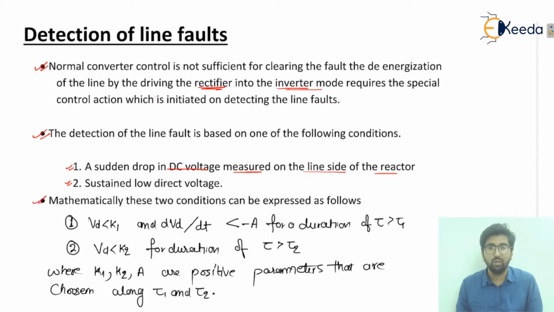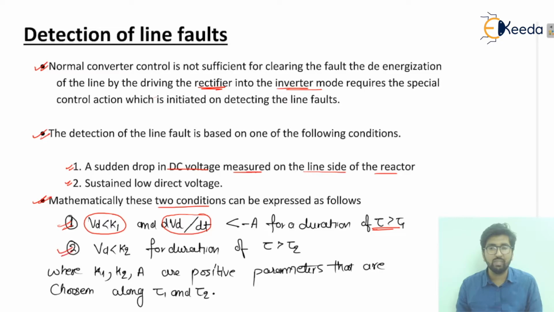Now we will talk about the mathematical operations related to that. Mathematically, these two conditions can be expressed as follows. The first is Vd less than K1 and dVd upon dt less than minus A for a duration tau greater than tau1.